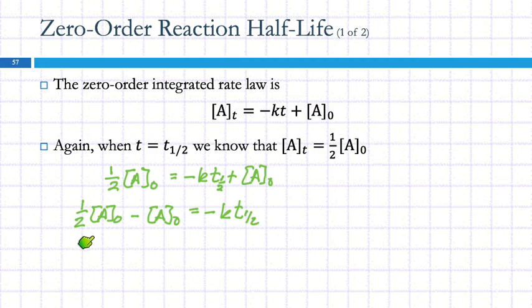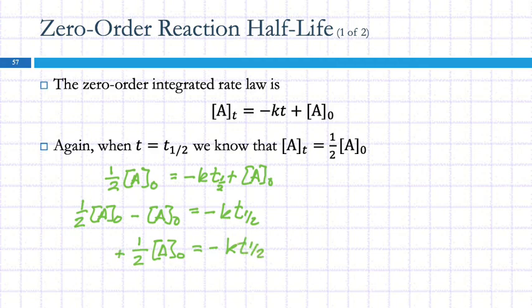Half of A minus A is going to give us negative 1/2 A0. And that's equal to negative k T1/2.